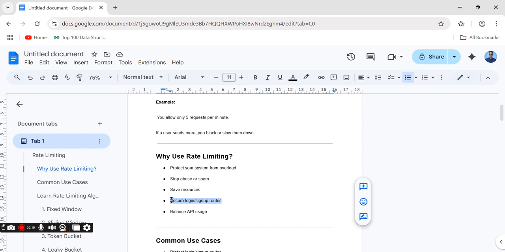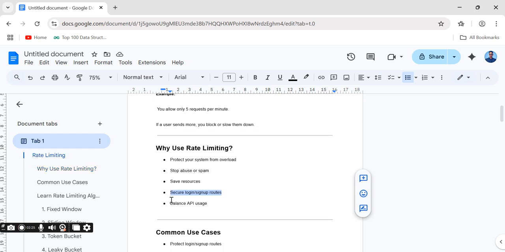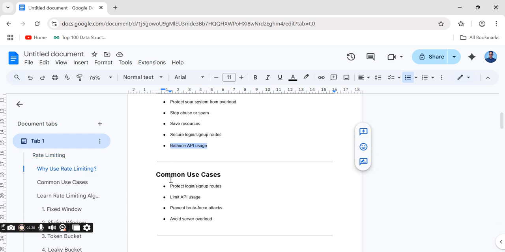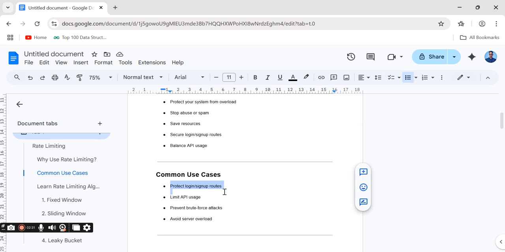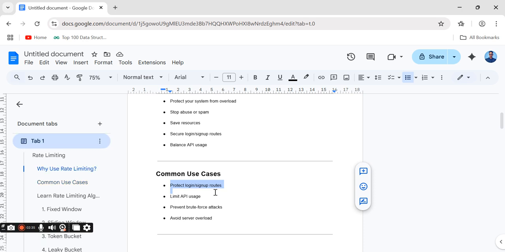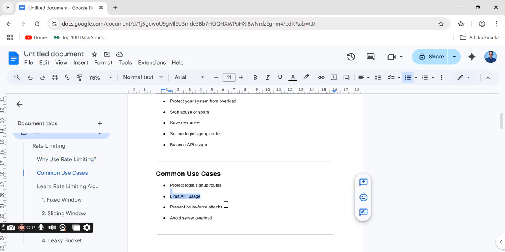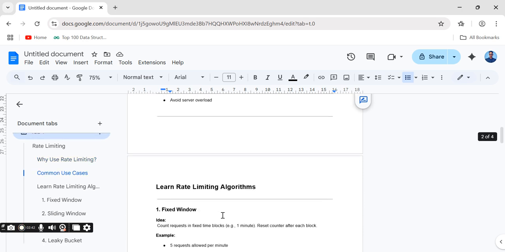For example, sometimes bots continuously make requests, so they may overload our system or crash it. So it is commonly used to protect APIs such as login, and that is a must. Try to implement it in every login and register route. It limits, as we see, brute force attacks by bots, and avoids overload of this type.